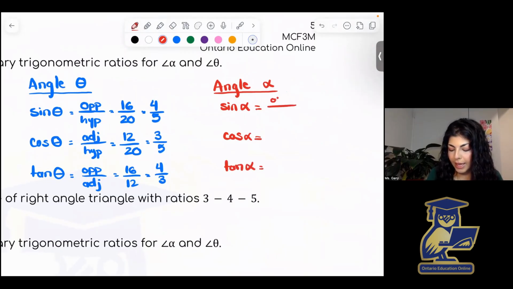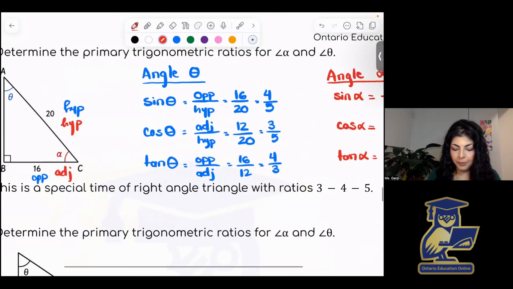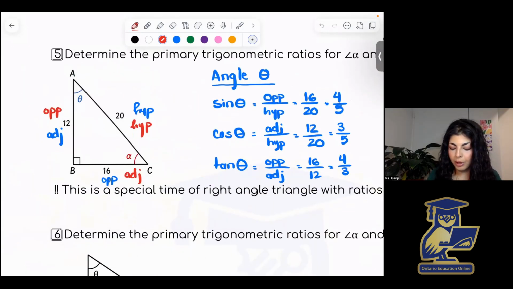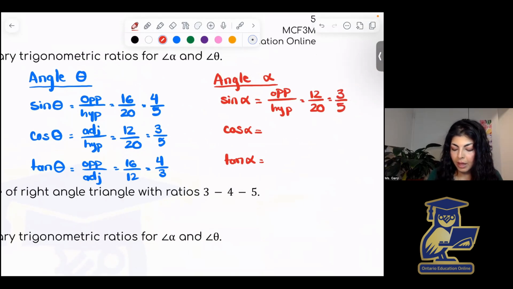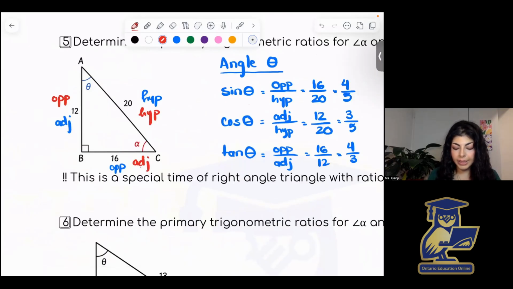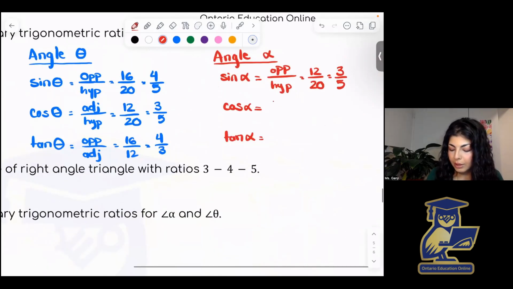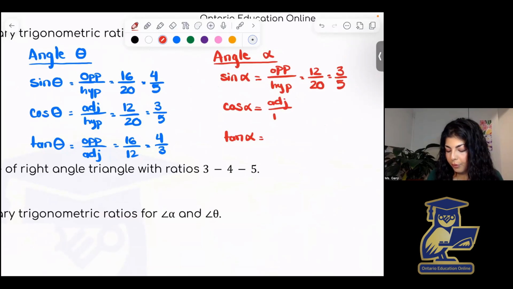So this is again opposite over hypotenuse. So it's going to be opposite 12 over hypotenuse 20, and this is 3 over 5. The cosine is going to be CAH, adjacent over hypotenuse.